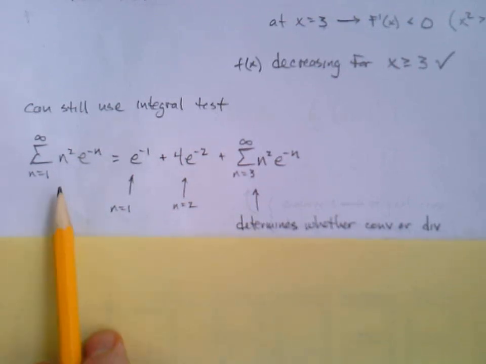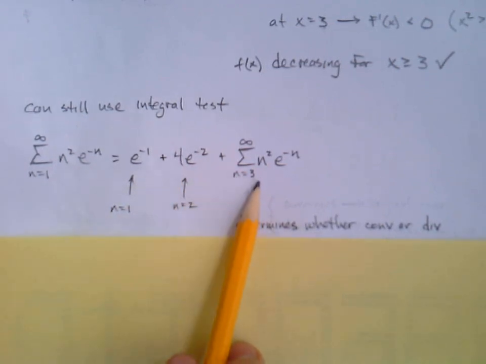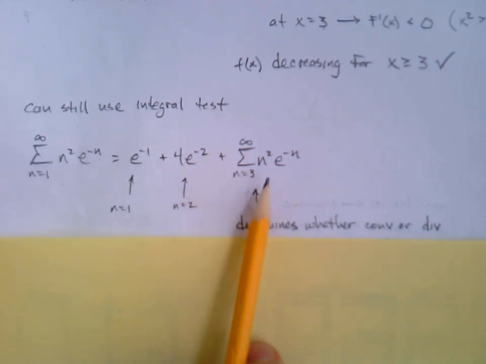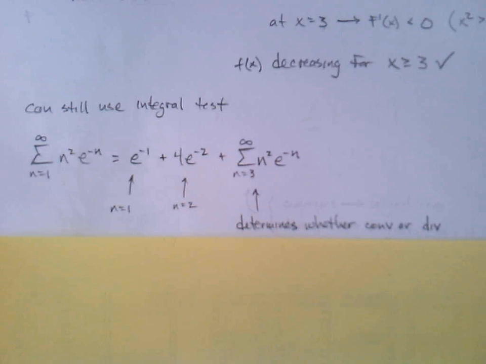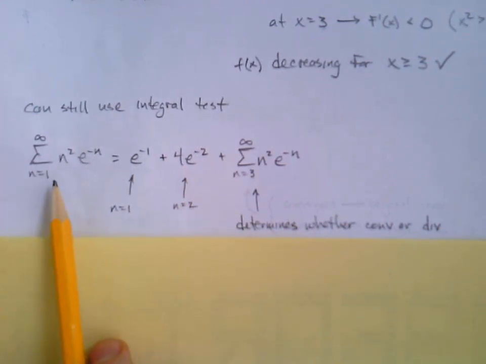So I've got the original series here, and then I've broken off the first 2 terms, and then I'm starting up my series again, but now at 3. So what's going on? Okay, the original series, all this means is that you're adding up all of these terms, right?